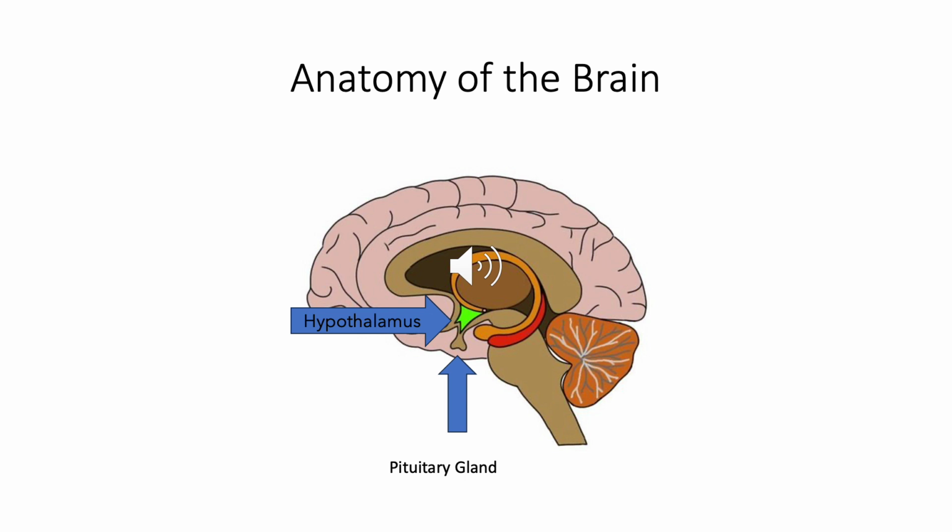ADH is produced in the hypothalamus and sent down and stored in the pituitary gland. From there, as it is needed, the pituitary gland actually secretes the hormone. So it doesn't make it, it secretes it.